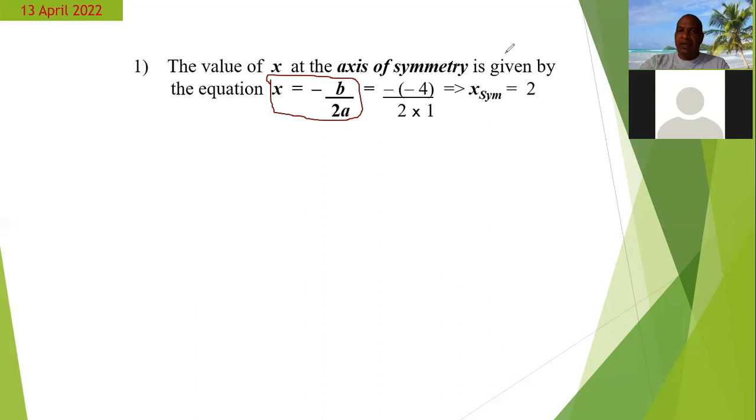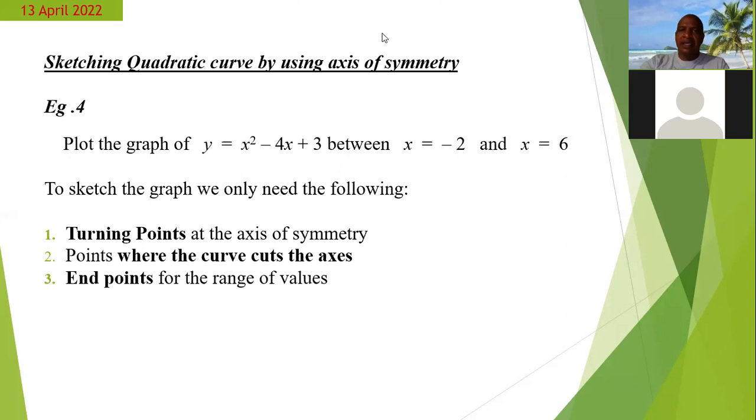If we go back to the equation that we are sketching, we will see that b would be the number in front of the x in the middle term, and the number in front of the x squared would be the a.